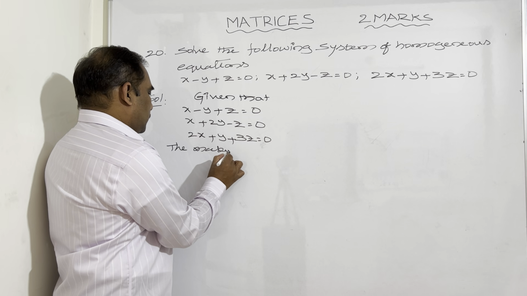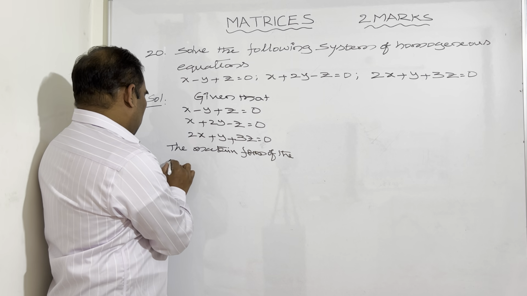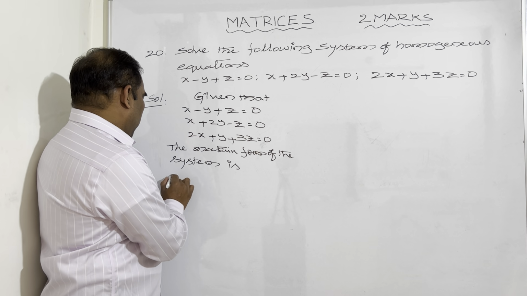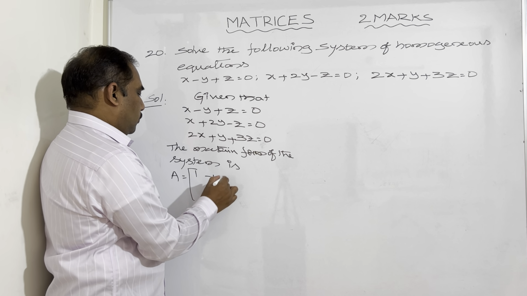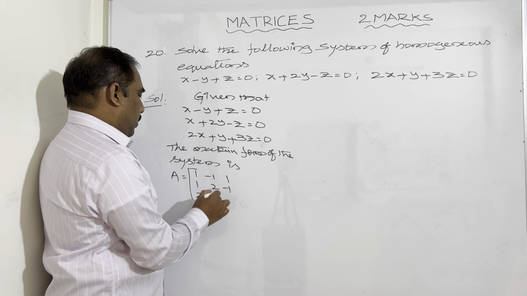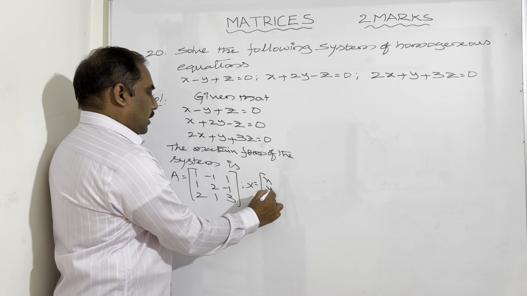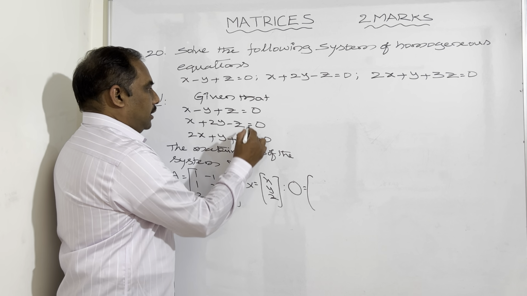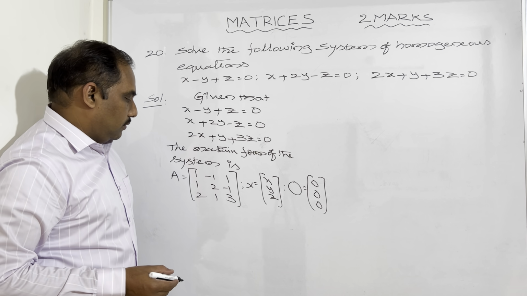The coefficient matrix A has rows 1, minus 1, 1; 1, 2, minus 1; 2, 1, 3. X is the column matrix x, y, z, and the O matrix is 0, 0, 0. This is a homogeneous system of equations.